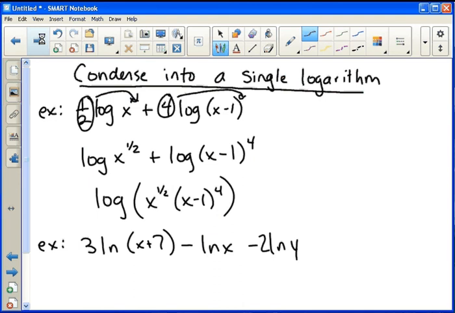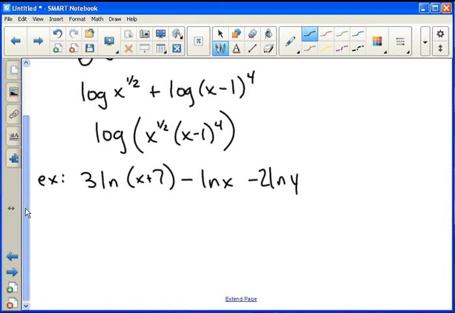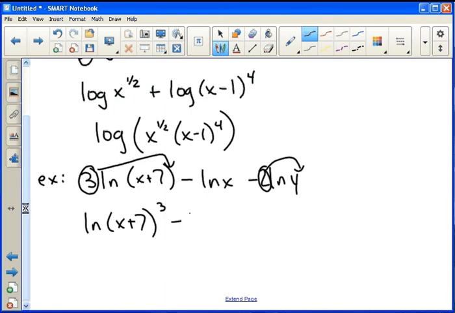Again, I would do property 3 first. Move all the coefficients up as exponents. That will give me the natural log of x plus 7 cubed minus the natural log of x minus the natural log of y squared. Now we'll apply the first 2 properties where we're changing addition and subtraction into multiplication and division.